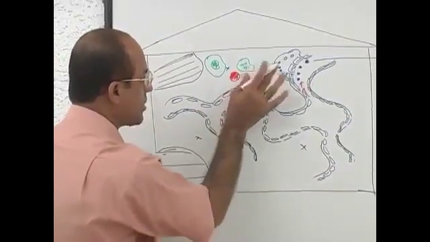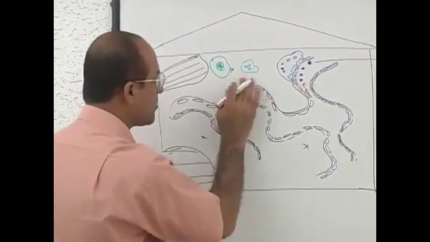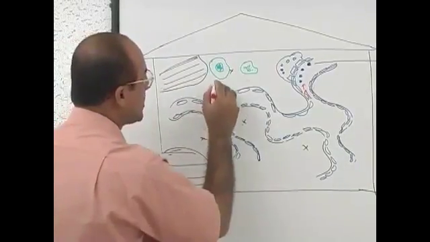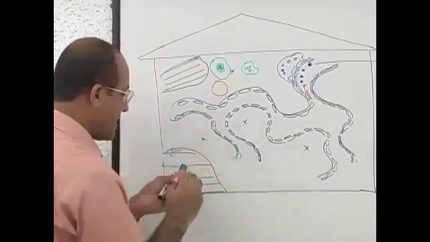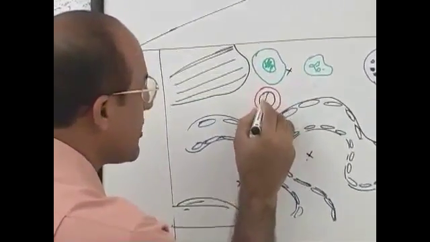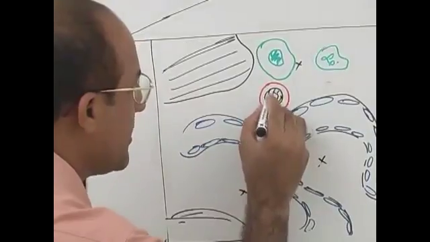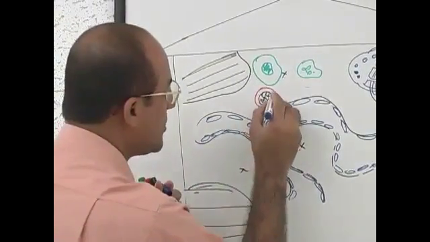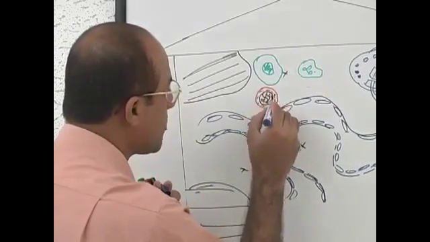Erythroblast. Okay, let me show you how the erythroblast multiplies. This is the erythroblast, which is a large cell. It has a large nucleus with very fine chromatin, and it has blue, or basophilic, cytoplasm.